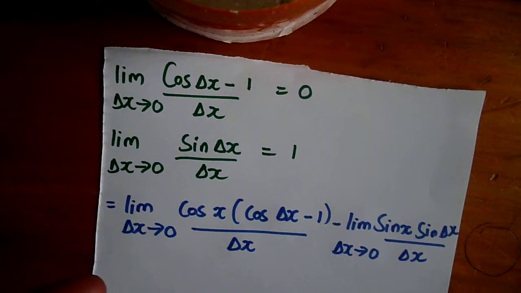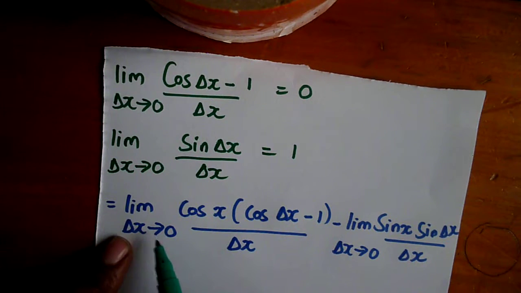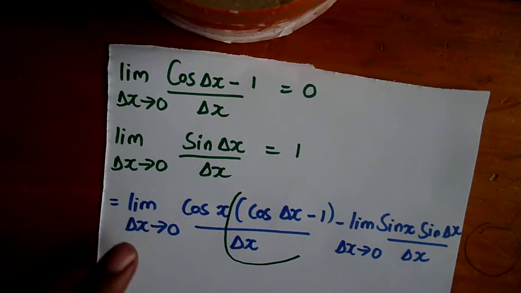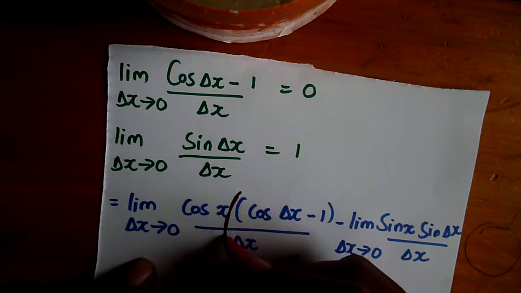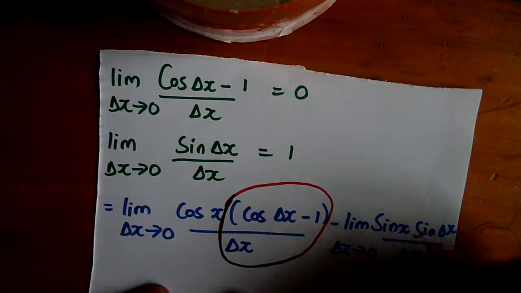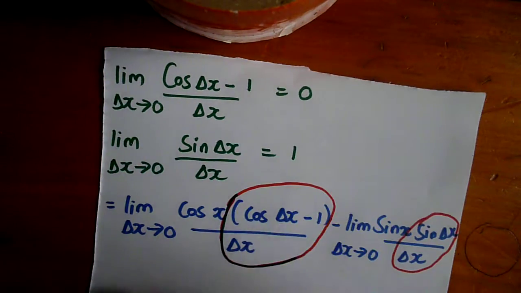Then from there, remember, we are taking the limit as change in x tends to 0. And this term is the part that has the change in x. And also, this is the part that has the change in x. So those are the parts where the limit is going to apply.